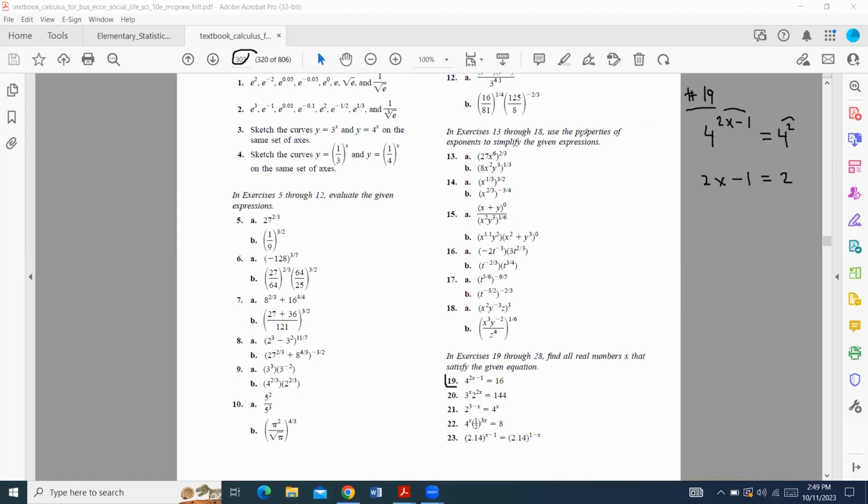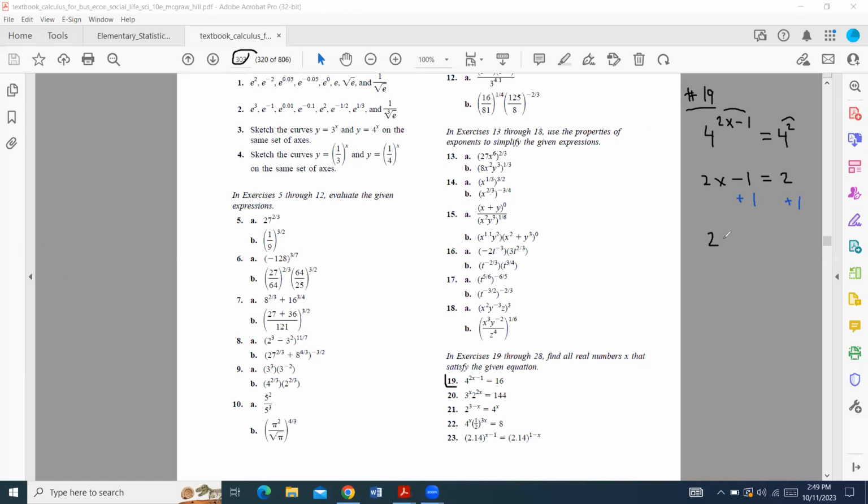And this way, I can actually find whatever I need to find here, and that will be x, by adding 1 on both sides. So we're going to get something fractional, it looks like.